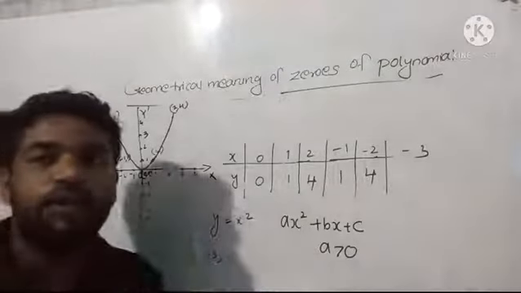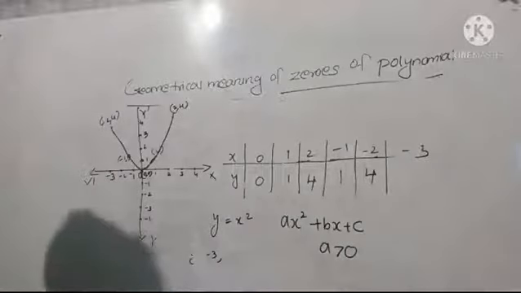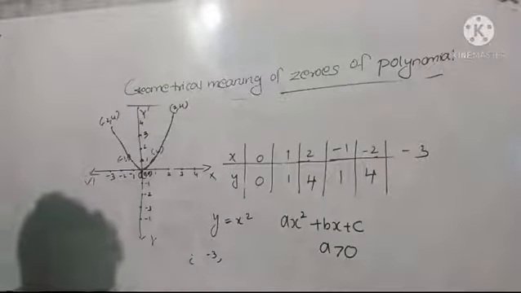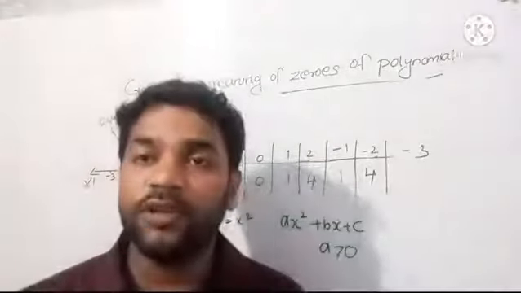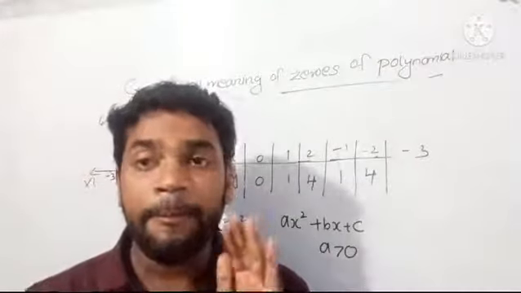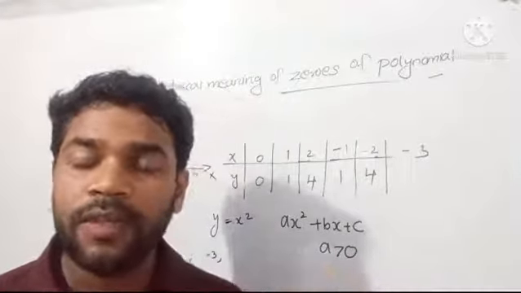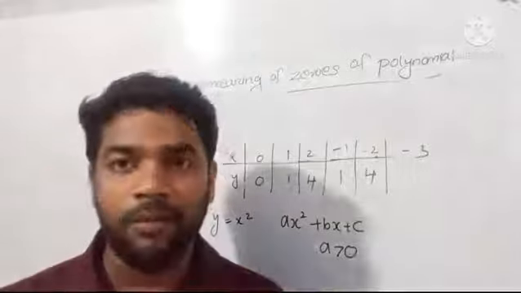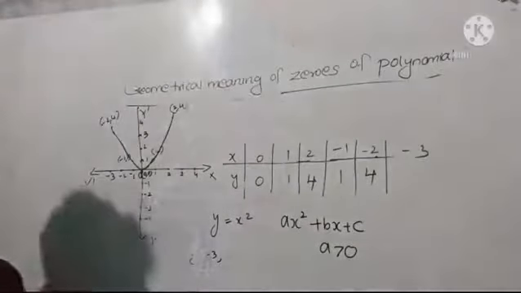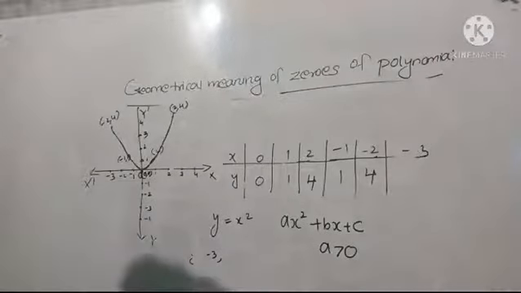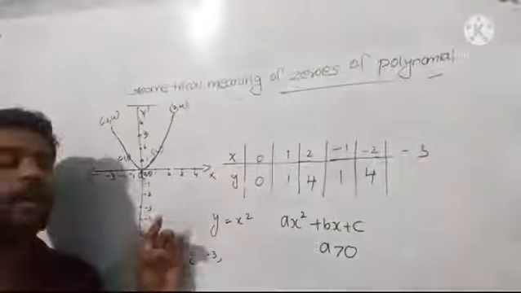A quadratic polynomial has at most 2 zeros, which means a maximum of 2 zeros. It can have no zeros or 1 zero, and its graph intersects the x-axis at a number of points equal to the number of zeros of the polynomial.